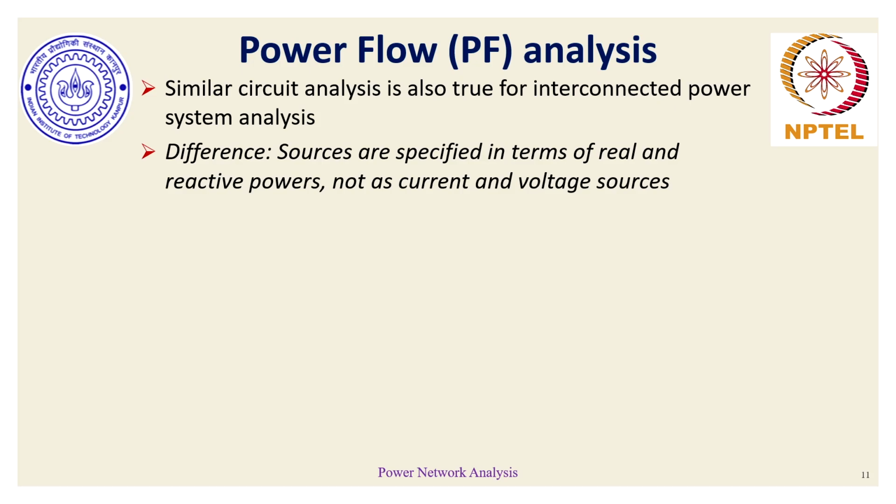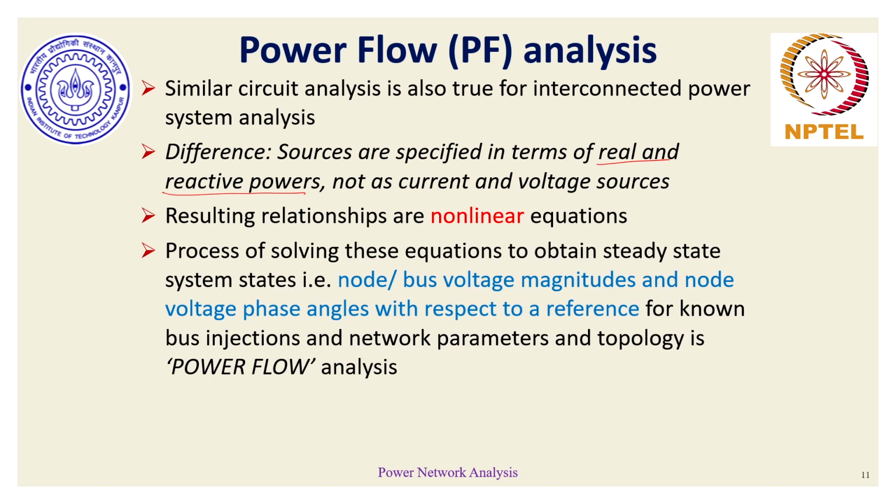In fact, they are specified in terms of real and reactive powers, not purely as a function of current and voltage. Most nameplate rating specifications for electrical equipment have two quantities in common: the apparent power S which the machine or equipment can handle or generate, and the rated voltage at which it should ideally operate. So typically the sources are known in terms of power and voltage, not purely in terms of current.